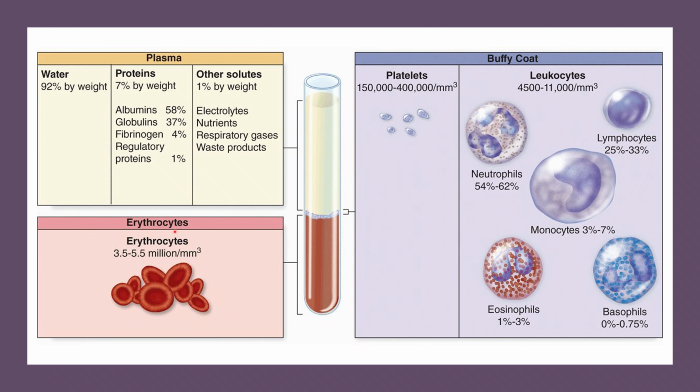Again, the erythrocytes, the red blood cells right here, they have the exact normal value, which is nice. Here I like this picture a lot. So the red blood cells, as we know, they're biconcave cells that transport oxygen from the lungs to the tissue via hemoglobin.